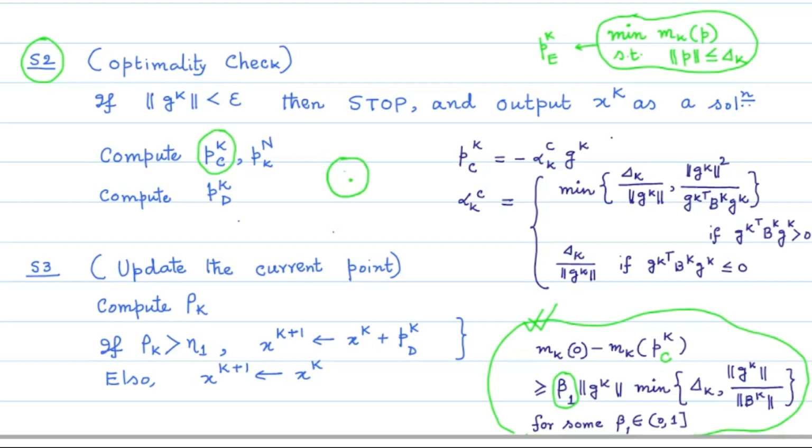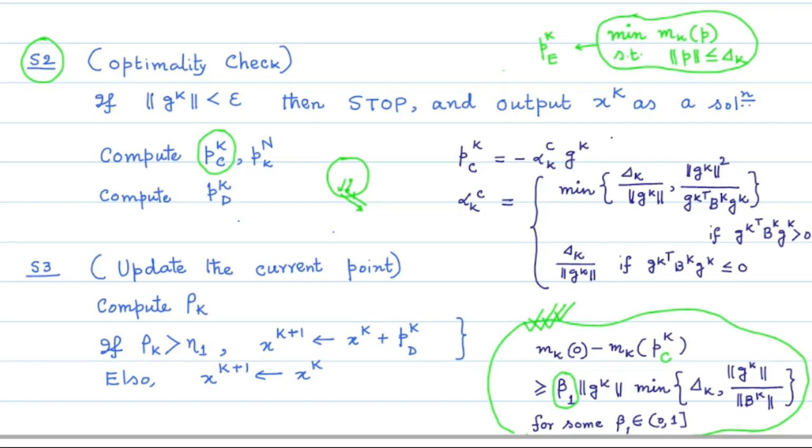If we move from the trust region center towards the Newton direction through the Cauchy point, then the model function value decreases along this path. And therefore, if at the Cauchy point this sufficient reduction condition holds, then certainly for the dogleg step we also will have this sufficient reduction property.